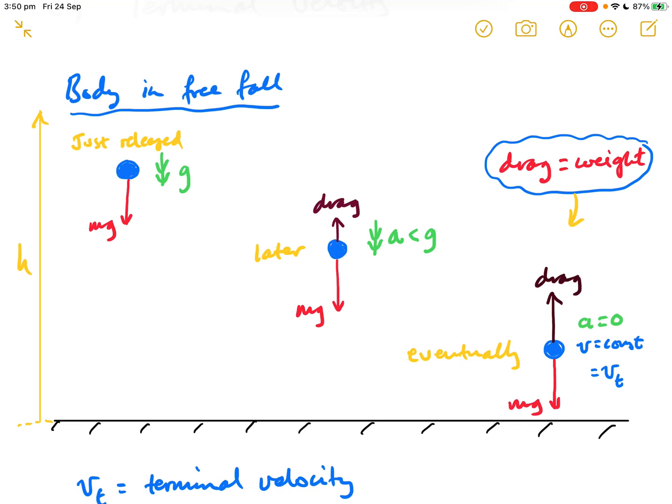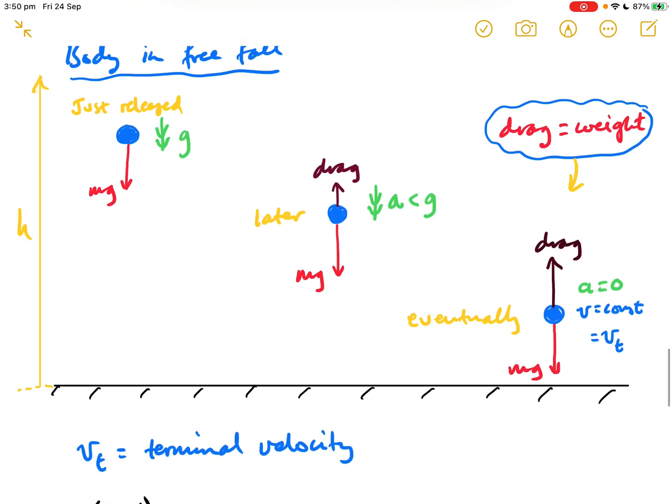Now eventually, if it falls for long enough, the drag will continue increasing until it reaches its limit. And its upper limit is that it can't get any bigger than the weight itself, so it equals mg. Now when you get to that point, the drag equals the weight in magnitude, and so the forces are balanced, and therefore there's zero acceleration, and the body is falling downwards with a constant velocity.